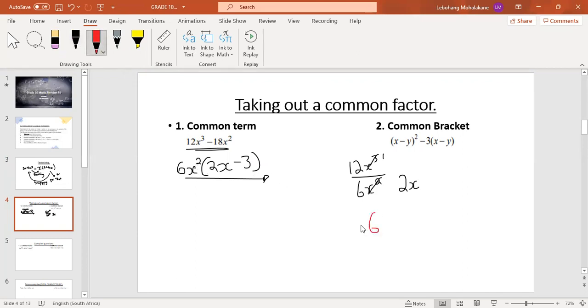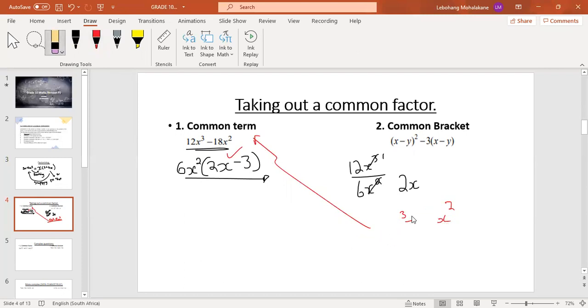I say 6x multiplies 2x, so I'm going to have 12x cubed, minus 6x squared times 3, which is 18x squared. So after doing this on the side, I can see that it takes me back here, which means that this answer is correct. Then we're going to look at the second one.